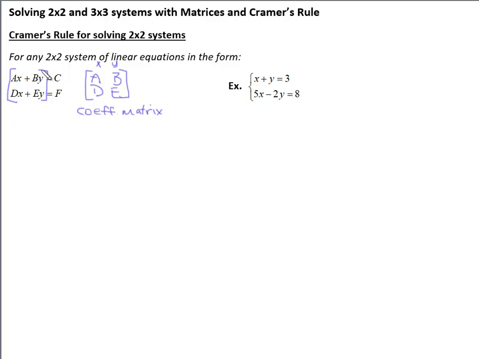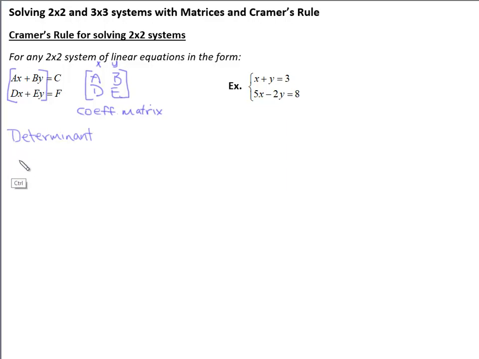Okay, and the first thing we're going to calculate is something called the determinant that we use with Cramer's Rule. If we do this process 3 times, we'll get our solutions for x and y. And it's a pretty easy process.